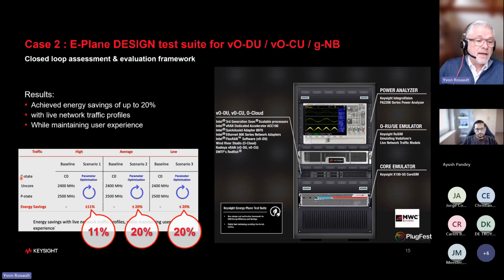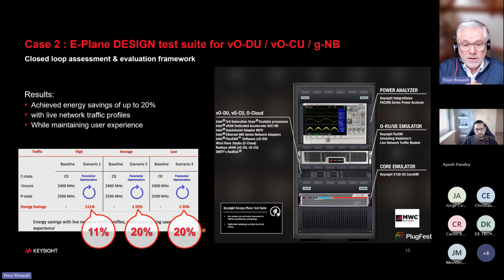We played with the C state, we played with the P state, we played with the different levels of traffic, and for different levels of traffic, we could definitely measure that by optimizing the C state and the P state.